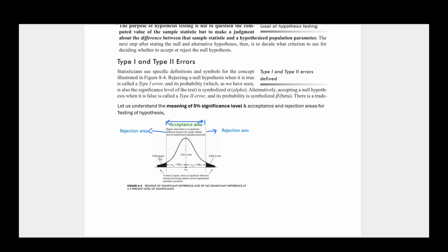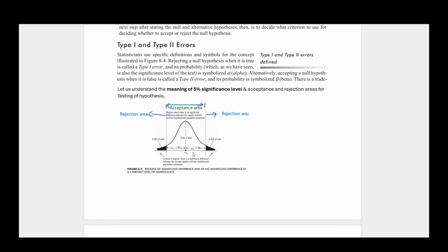If our sample mean falls in the rejection area, on either this side or this side, then definitely we are going to reject the null hypothesis.